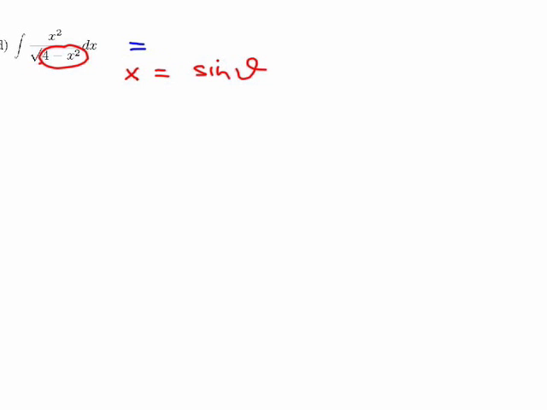So we know that dx is equal to 2 times the cosine of theta d theta. Let's do the substitution. What do we get? We get twice the integral over x squared, now 4 times the sine squared of theta.